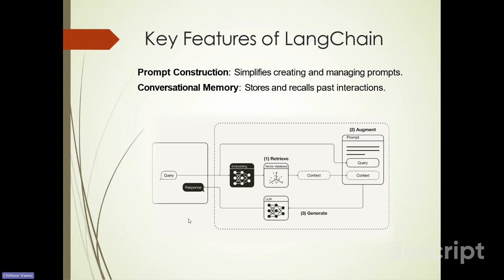Conversational memory is something we talked about. If you see here, whenever a query comes in, it embeds that query into vector format. There is a vector database that has the relevant documents, which were previously vectorized and stored. Whenever a question comes up, it tries to search. There are different criteria you can use to fetch the documents.